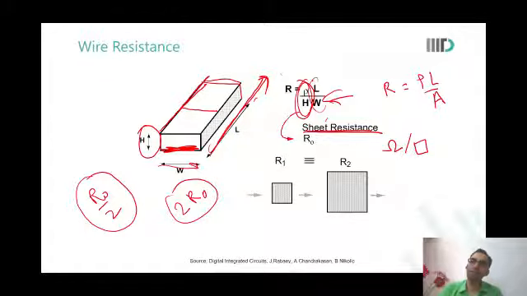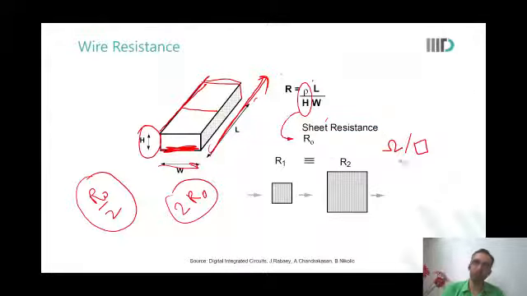So what is H left with? H is fixed. This is where we started the discussion. For a given technology, H is fixed. Can you as a designer change H? No. You have the flexibility to change the width of the wire, and you have the flexibility to change the length of the wire. Can you change the thickness of the wire when you're making a layout?